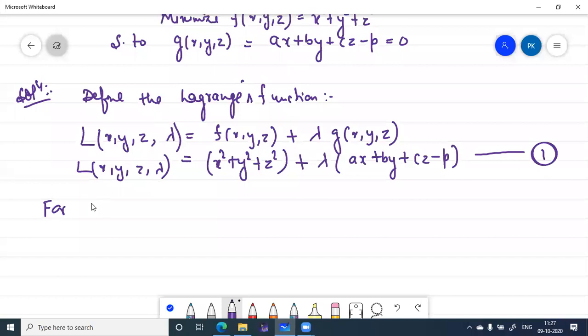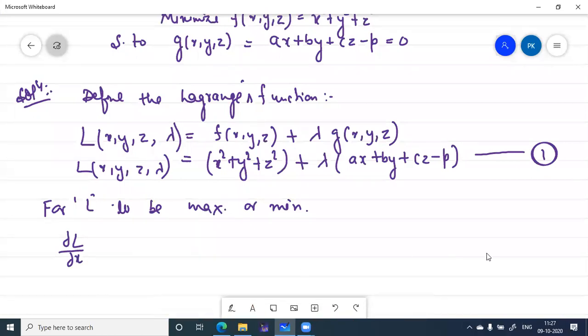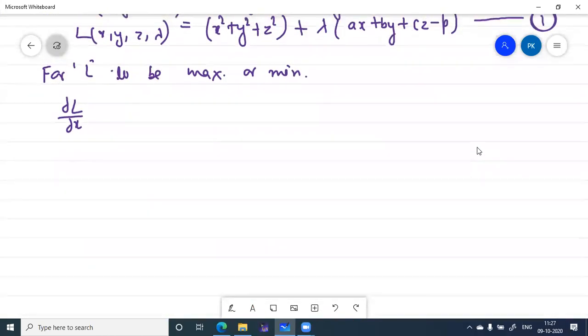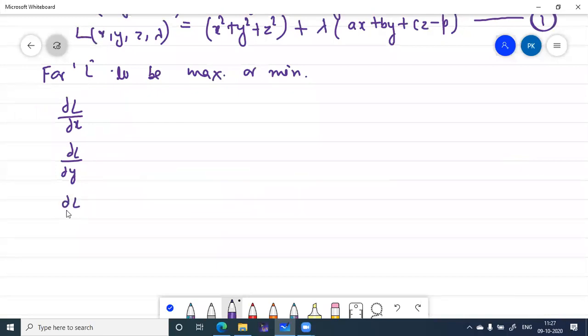So for L to be maximum or minimum, del L by del x, del L by del y, del L by del z and del L by del lambda. What will be the value of del L by del x?